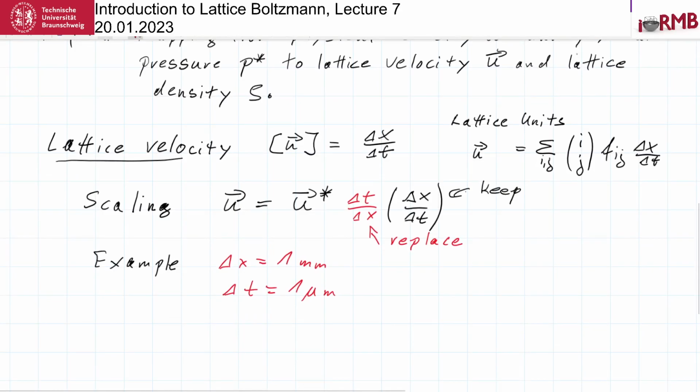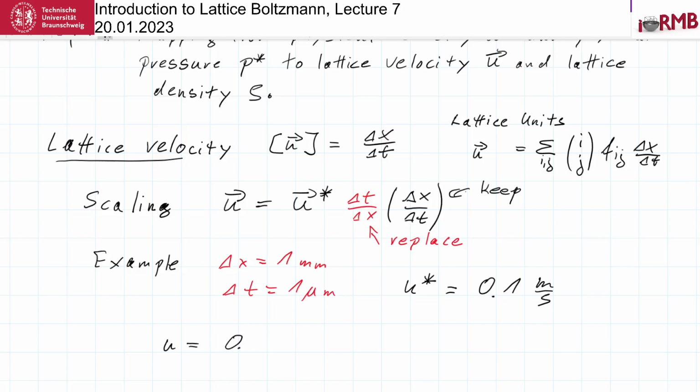And now we have the velocity u star. I just write it as a non-vector because it is just one value. Say it's 0.1 meters per second. Now we write this in the lattice units.